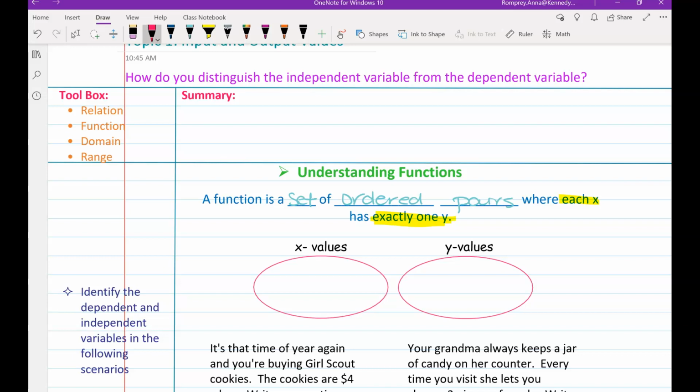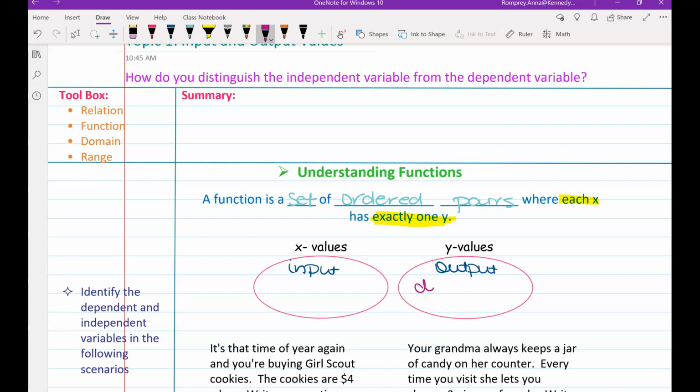Now we discussed a couple terms that go along with our x and y values. So our x values, let's see what you remember. Our x values are inputs, and our y values are the outputs. In an equation or in a function, we have an independent variable and a dependent variable. So the y values depend on the x values.